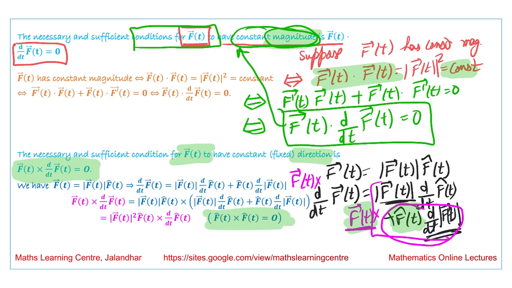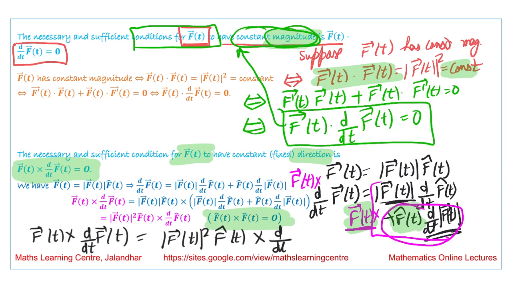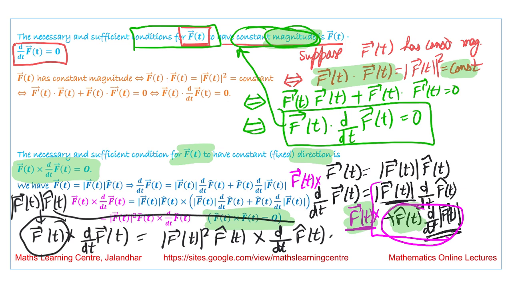What we are left with is f vector t cross d by dt of f vector t, which is equal to mod of f vector t squared times f cap t cross d by dt of f cap t, because f vector t can be written as mod of f vector t into the unit vector of f. So this term comes here and we get mod of f vector t whole squared.